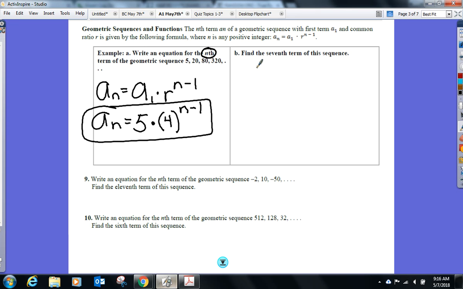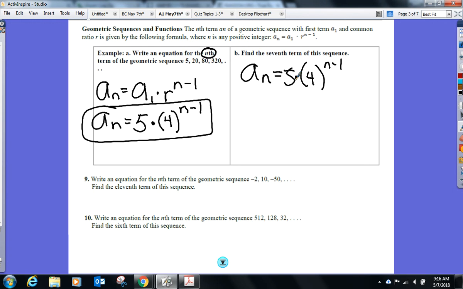Remember, this was my formula that you guys just produced for me. Where can I plug a 7 in to find the 7th term? We did this for arithmetic. You can use this, plug in 7 for n.